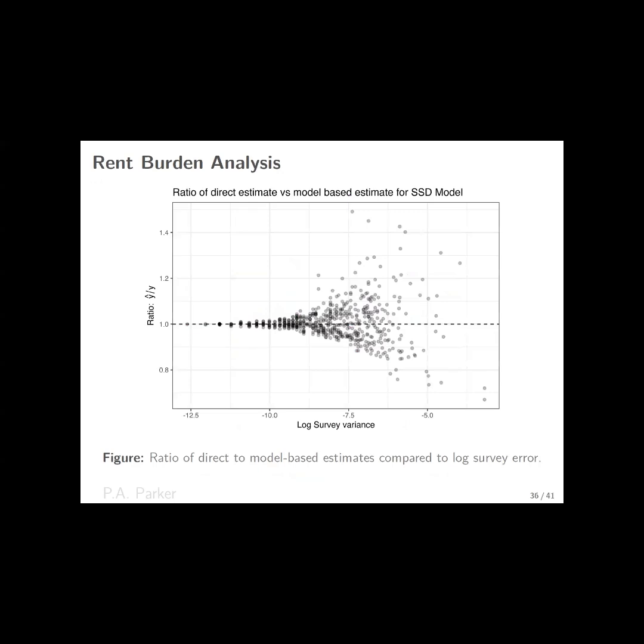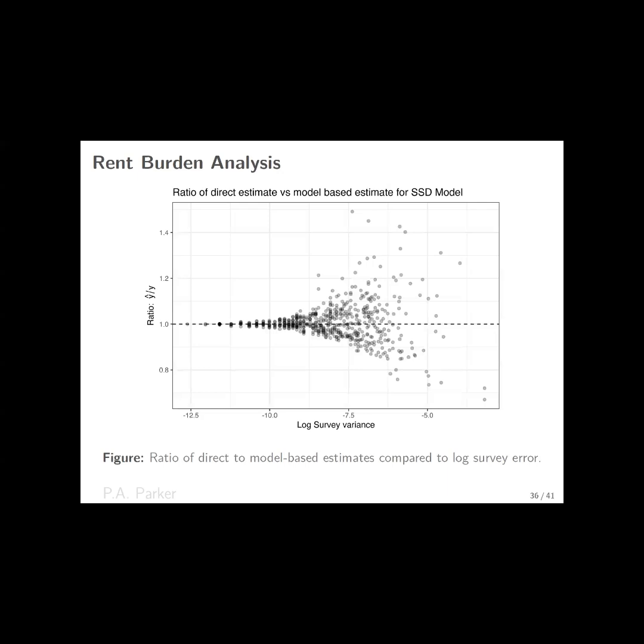And then a while back, I talked about the E-BLUP of the Fay-Herriot model and how it can be written as a weighted sum of two terms, the direct estimate and the regression estimate. And as the sample variance got small, it gave more weight to the direct estimates. And I said you can assess that visually. And so here we do assess that visually for our SSD model. In this plot, the x-axis is the log survey variance, and the y-axis is the ratio of our estimate to the direct estimate.